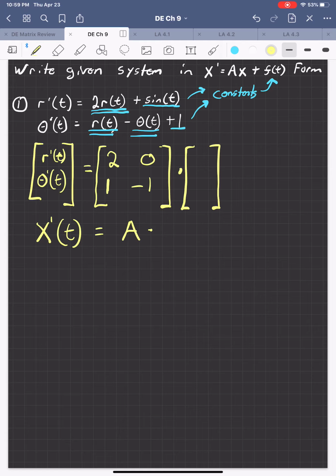Now, the x of t portion is going to be our functions of t. So in our case, we have r of t and theta of t. If we stopped right here, we would be incomplete because it's going to be plus f of t. And these are going to end up being the constants.